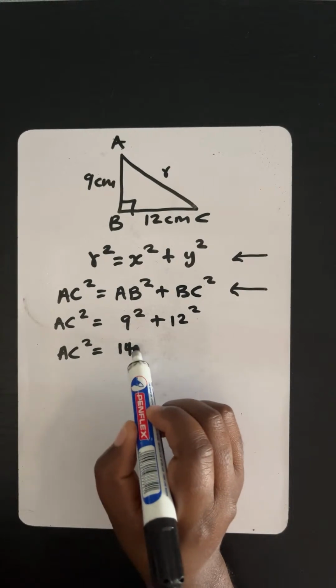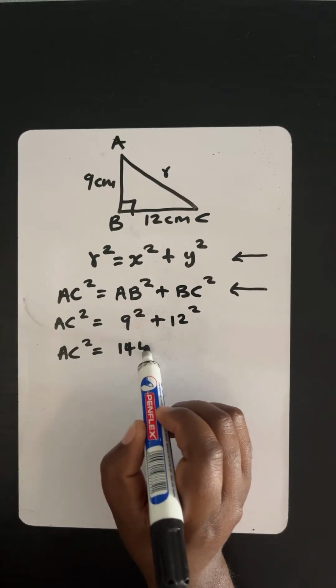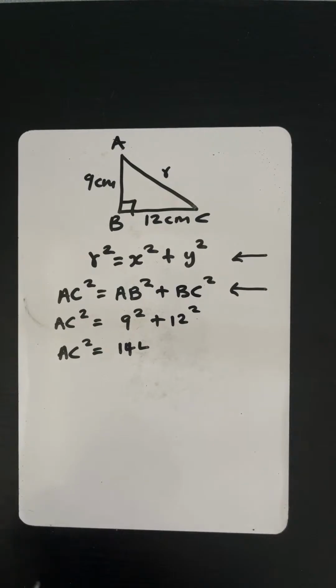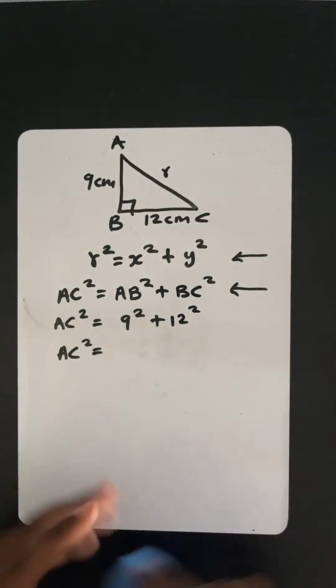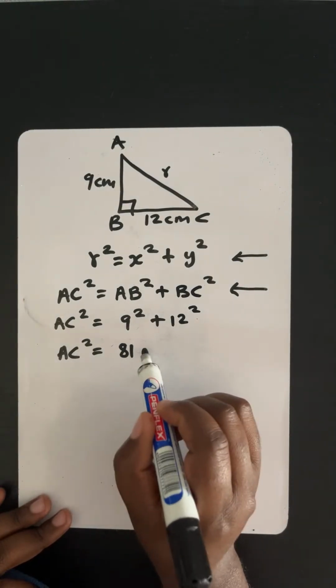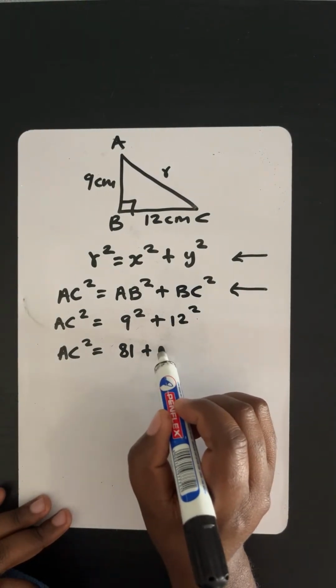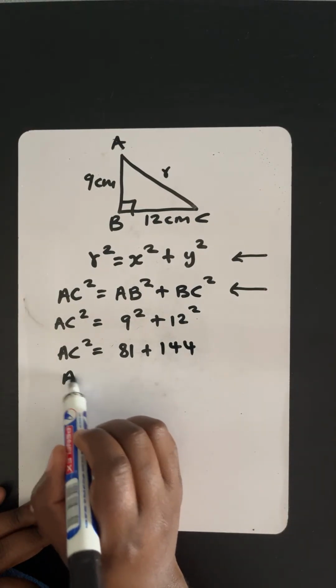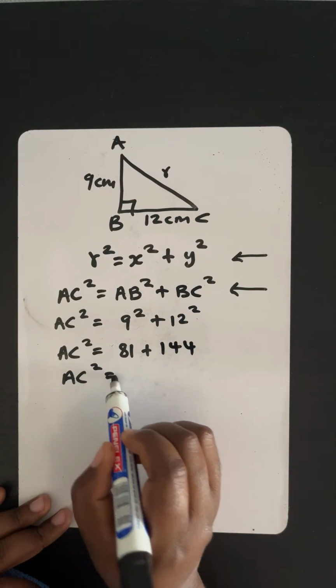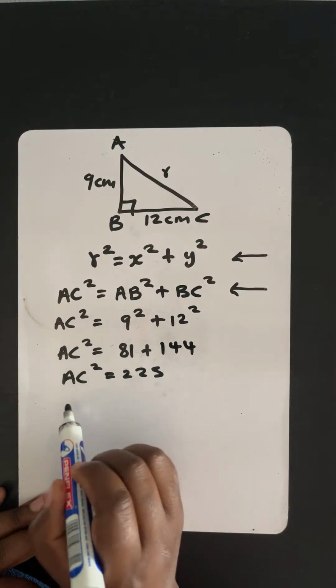So what did we say? This one is, nope, not that. 144 is 12 squared, but this one is 81. So that means we've got 81, that we plus it with, I think we said 144. Then we end up having AC squared, which is equal to 225.